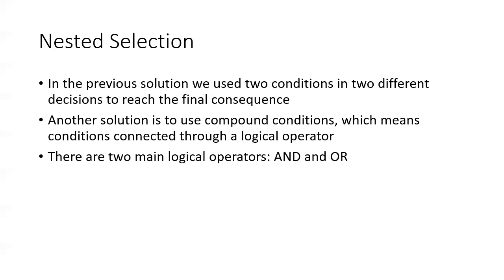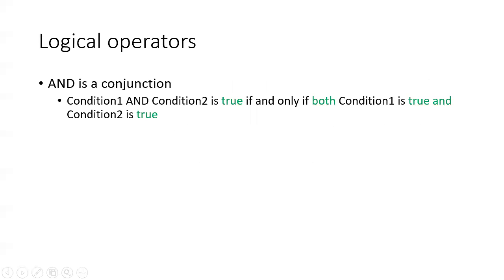We can put two conditions together using an and or an or. Actually, you can put more than two. You can put 3 or 4, all right? But we're just going to work with 2. When we have 2 together with an and, we call that a conjunction. And when we put them together with an or, we call it a disjunction.